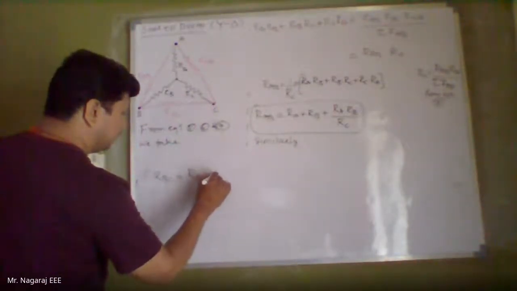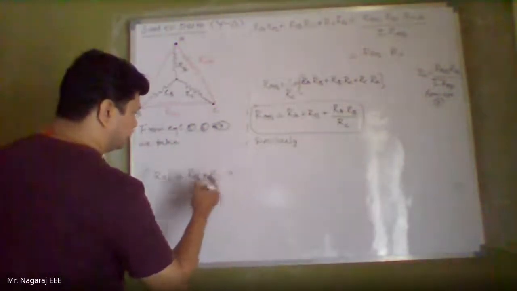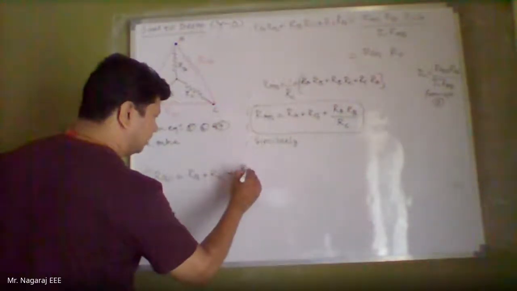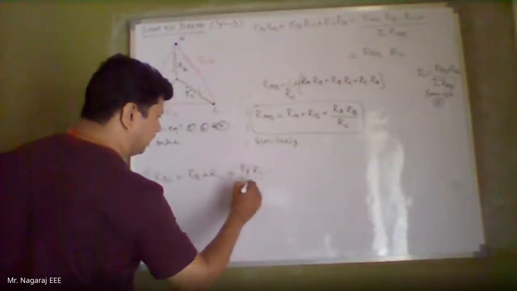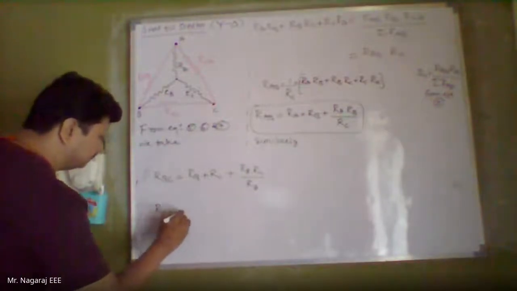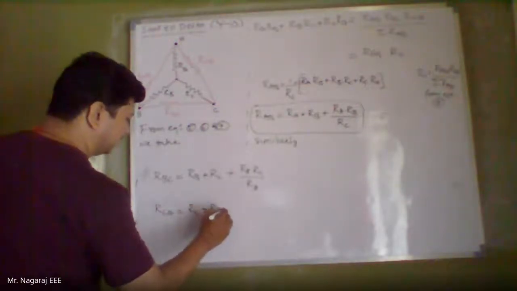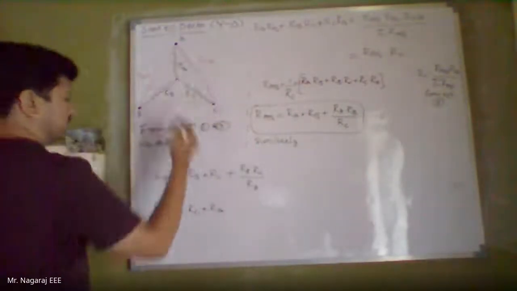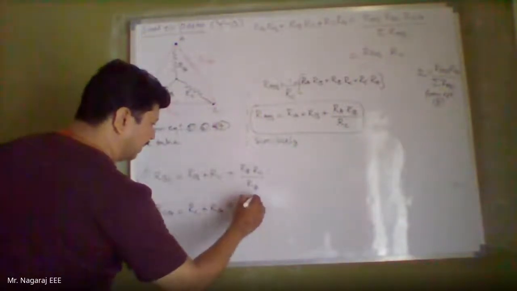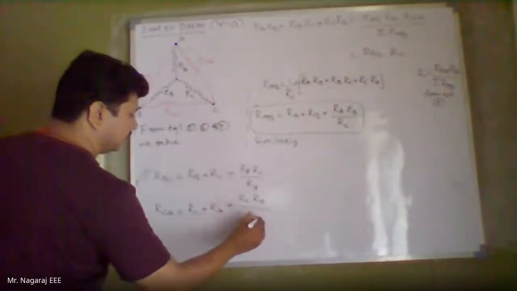RB plus RC plus the third term, the product of these two divided by the other one, RB into RC divided by RA. And RCA is equal to RC plus RA between C and A, plus the third term, the product of these two, RC into RA divided by the third resistance, RB.